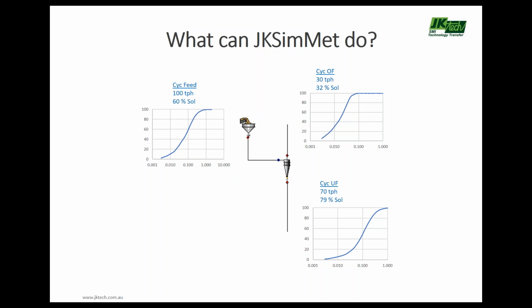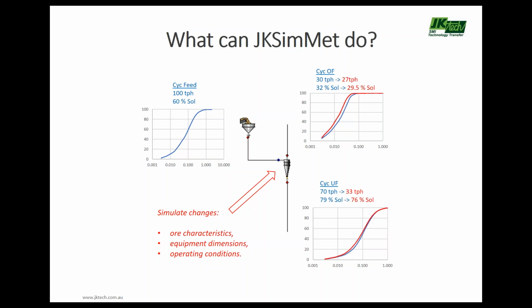Say, if we have developed a model for this cyclone, we can use the model to predict the effect of given changes on performance. The type of changes that you can make in the simulations include ore characteristics, equipment dimensions, and operating conditions like feed density or the number of hydrocyclones, for instance.